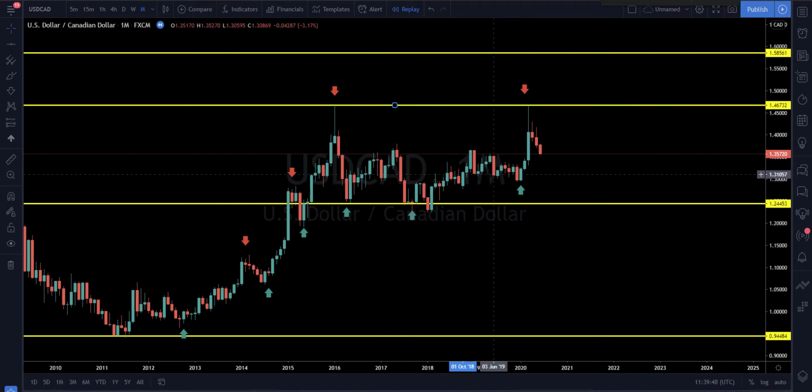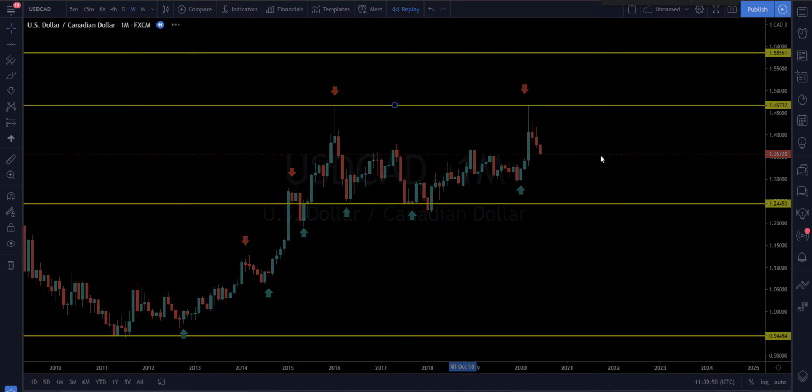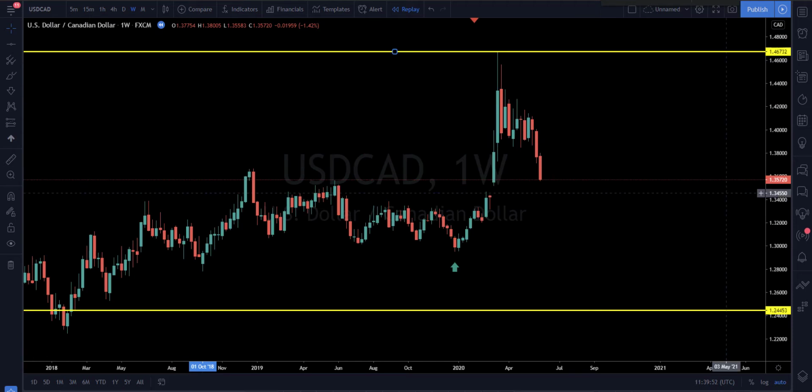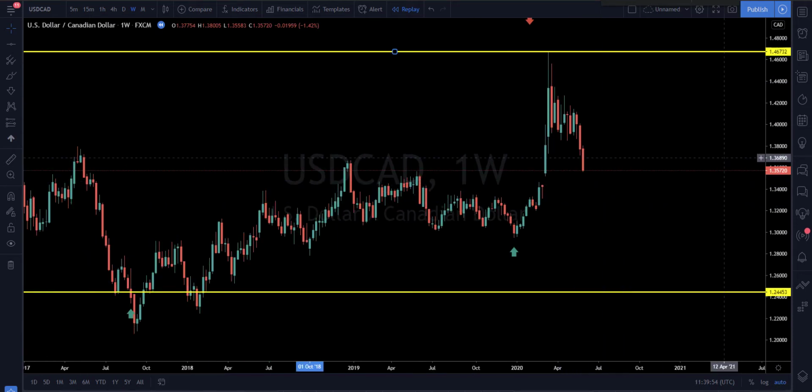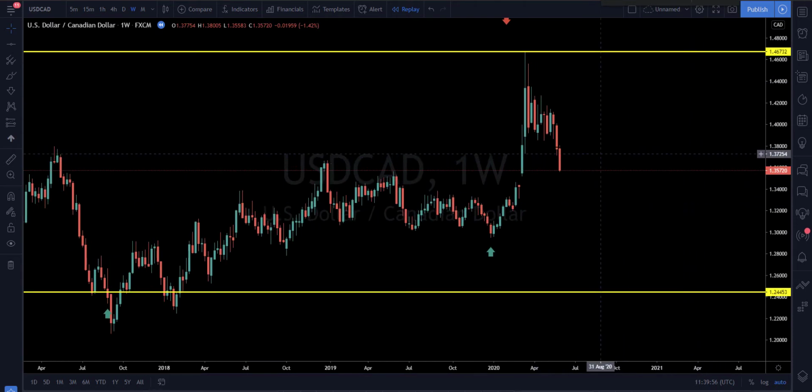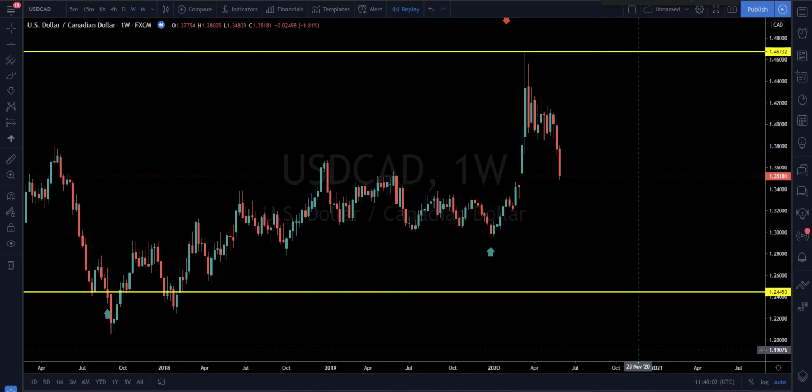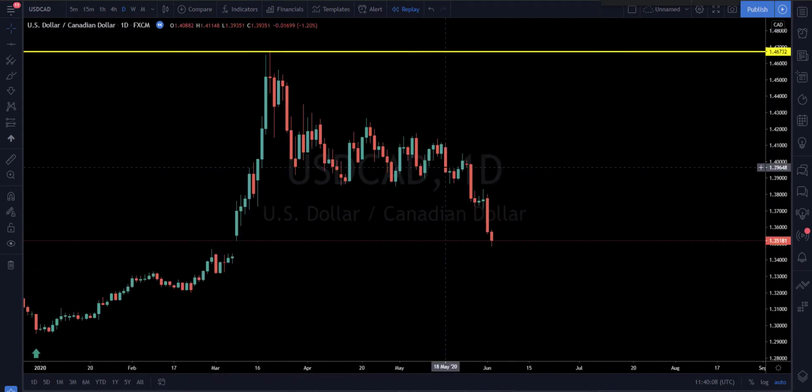So let's take a look at the daily. Sorry, weekly first. I'm going to readjust this. Let's see how we're going to go with this. Let's go to daily. So we can draw our support here.